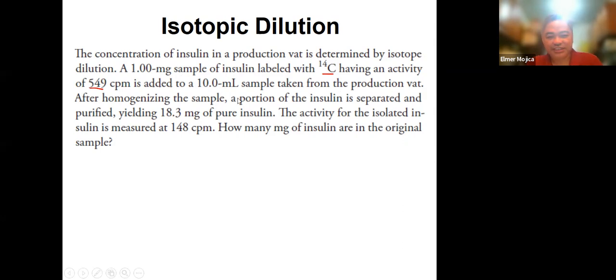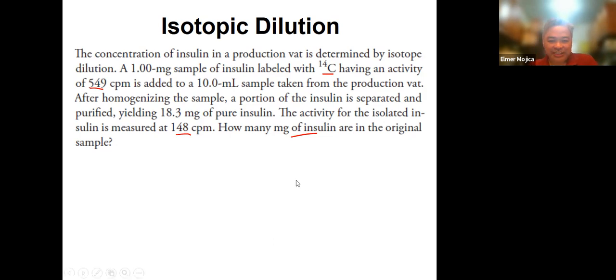After homogenizing the sample, a portion of the insulin is separated and purified, yielding 18.3 milligrams of pure insulin. The activity of the isolated insulin is now measured at 148 counts per minute. So how many milligrams of insulin are in the original sample?